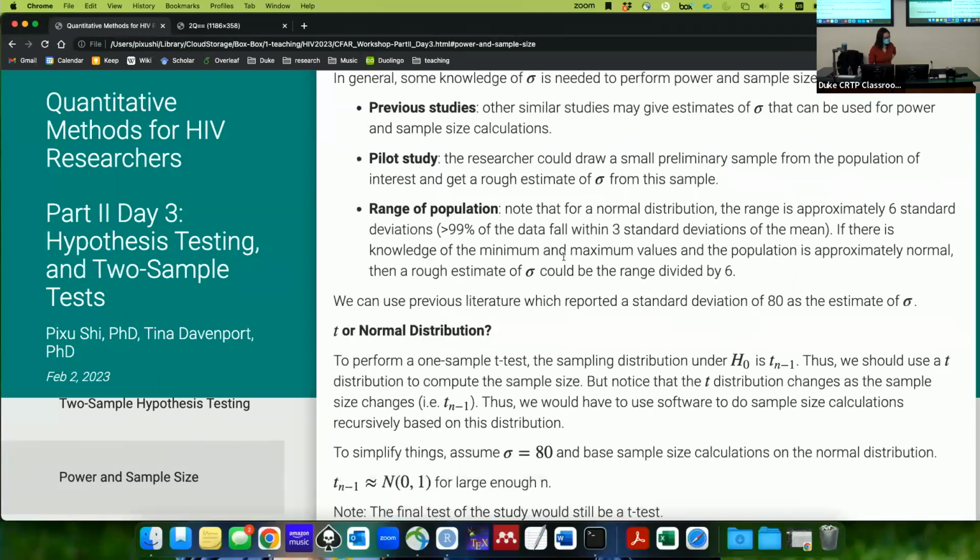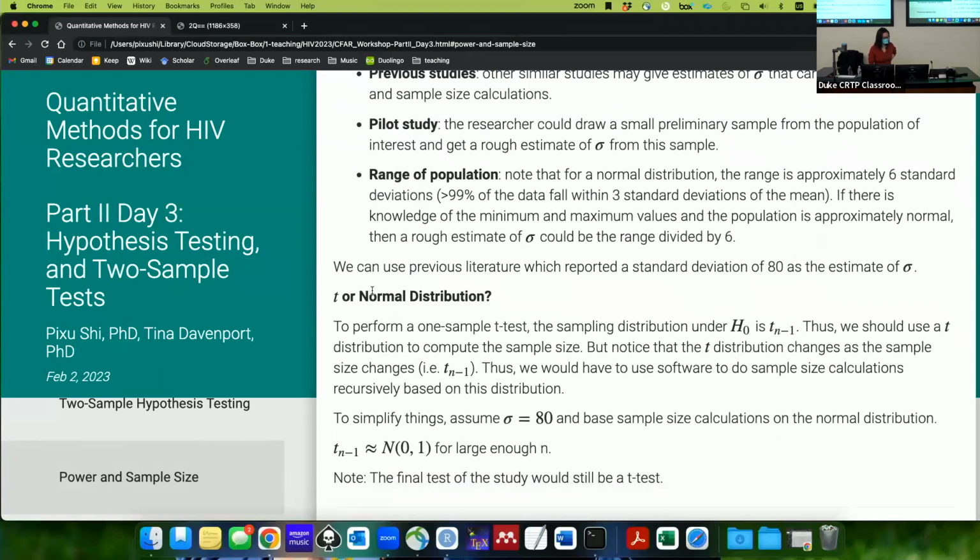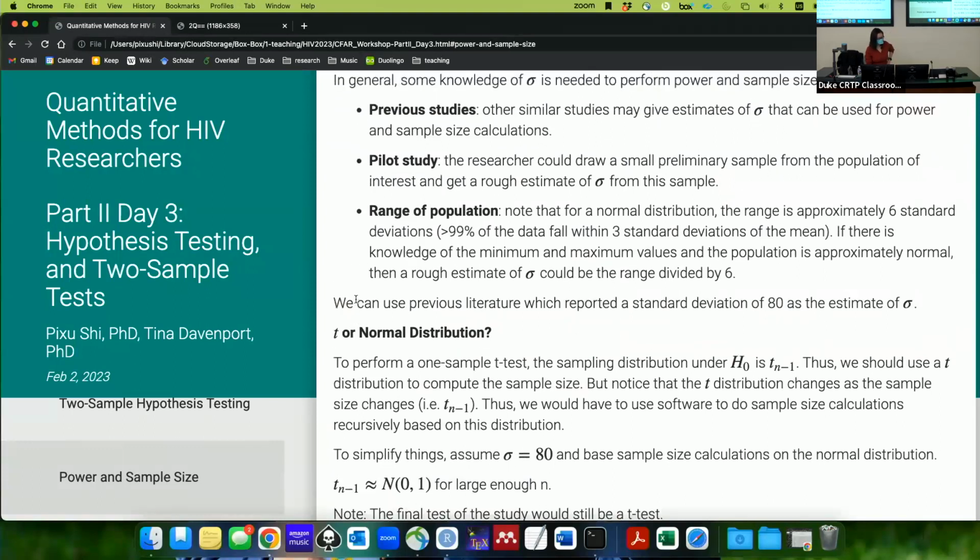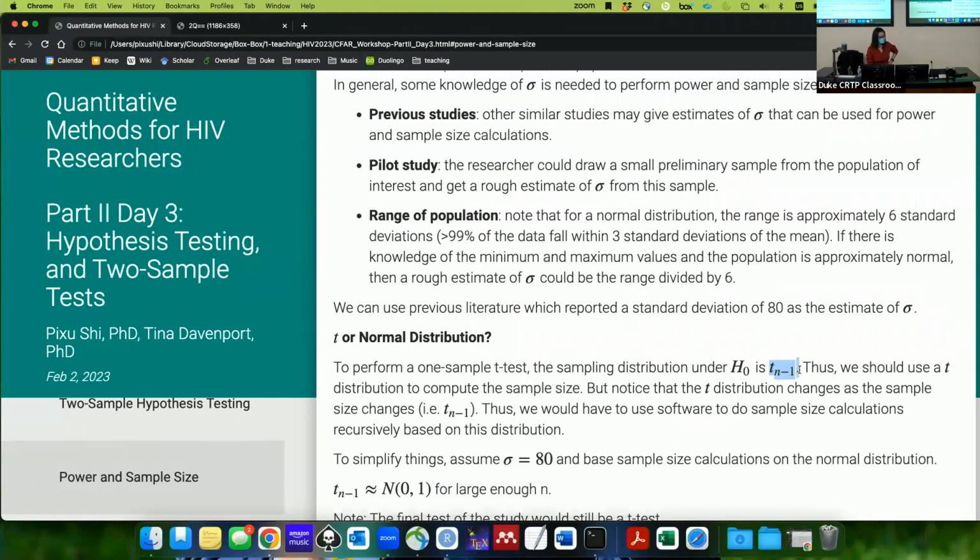So some other consideration, do you have enough sample size? Well, actually, do you want to use T or normal distribution to calculate the sample size? Most of the time we would use T distribution, but the T distribution has a degree of freedom in there, right? When you use T distribution to calculate the sample size, there's a chicken and egg problem.